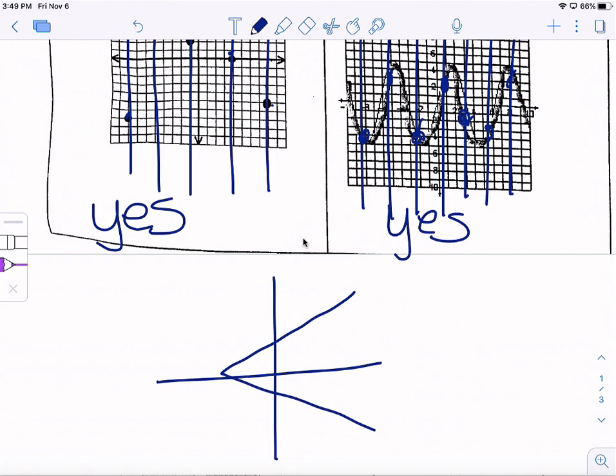So if I drew it like this, and I drew a vertical line down, this graph would not be a function because it's intersecting this vertical line test at two places. For this x value, it has two output values, an output here and here. So this would be a no. And that's how you determine if a graph is a function.